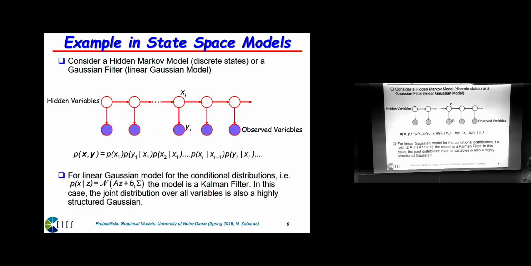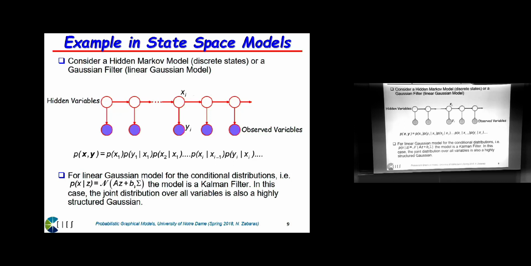So what I wanted to do is show you how parameters come into these models, as background. Here I'm writing the joint probability of x and y in a state space model explicitly. So this is node x1, so you start with p of x1, then p of y1 given x1, then p of x2 given x1, and then p of y2 given x2, etc. So these are the hidden states you want to compute.